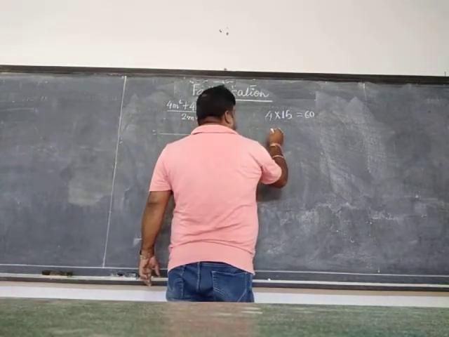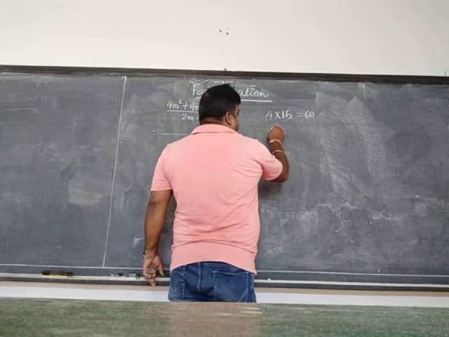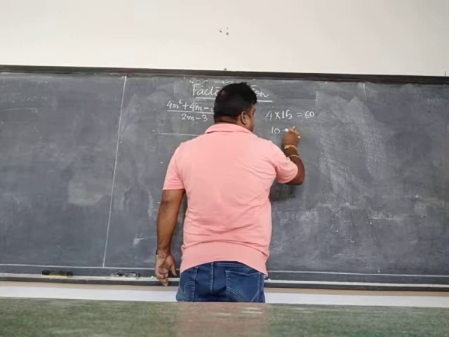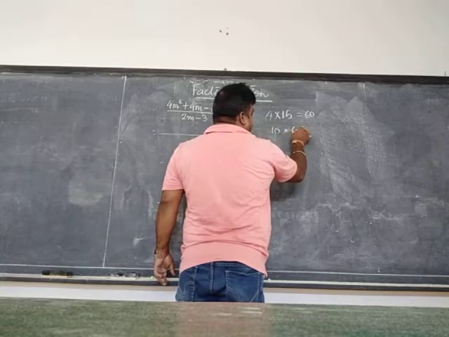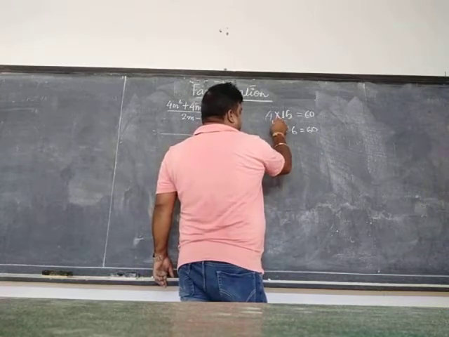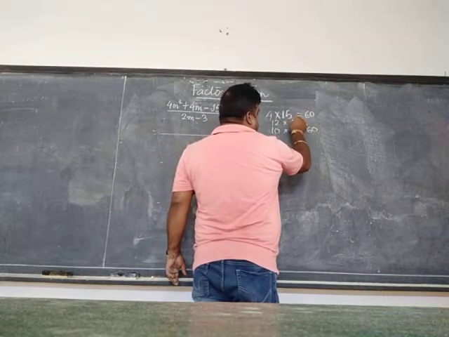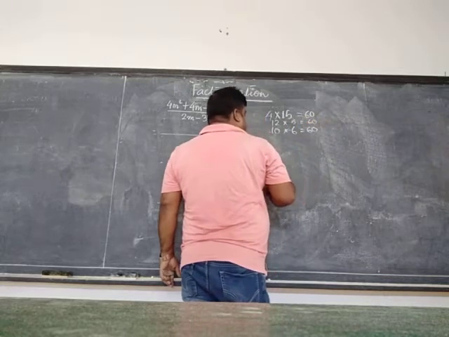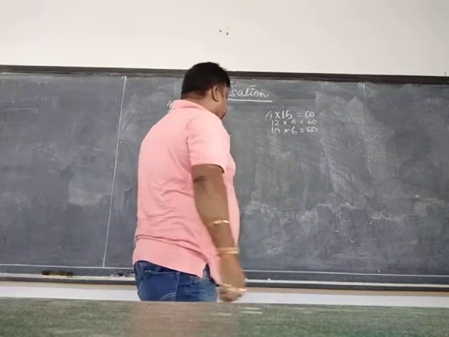Another one, 10 6 60. Isn't it? Then 12 5 60. Many ways we can get.